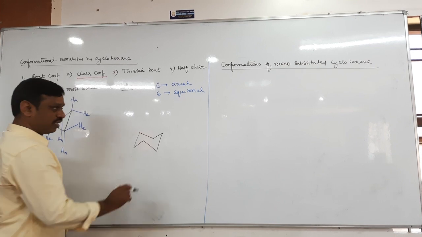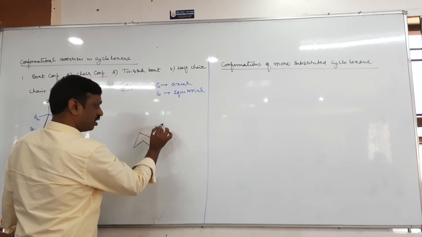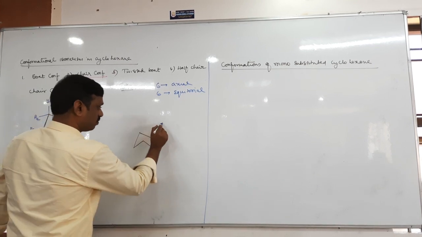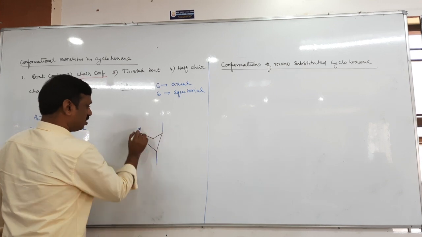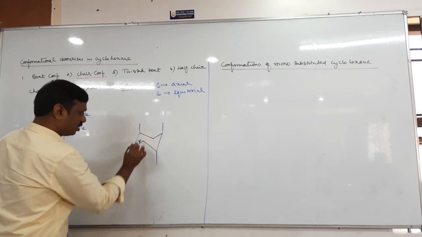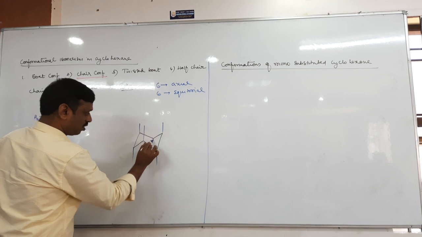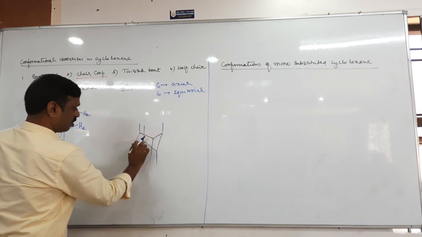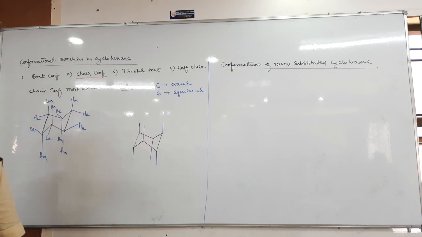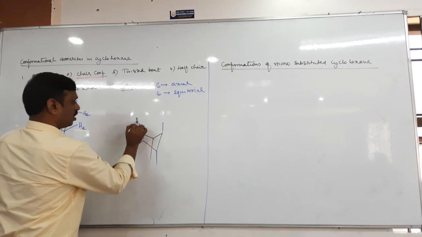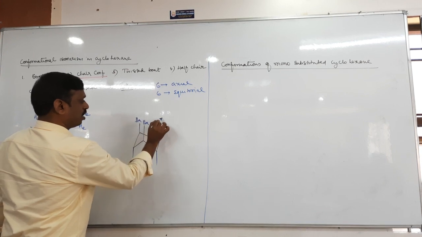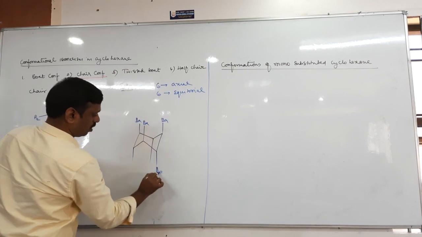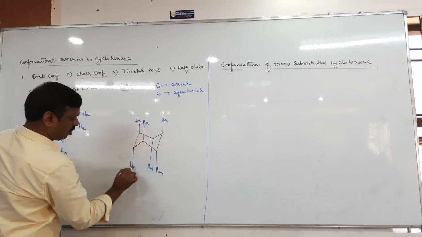See, now first I'll write the axial bonds. This is one axial, this is axial, this is axial. All these are axial bonds. They are along the axis. That is denoted by HA, HA, HA, HA, HA.